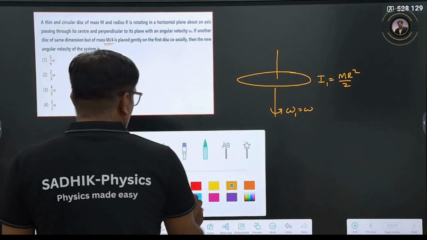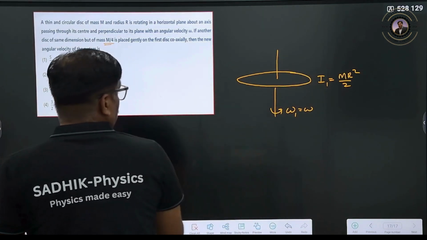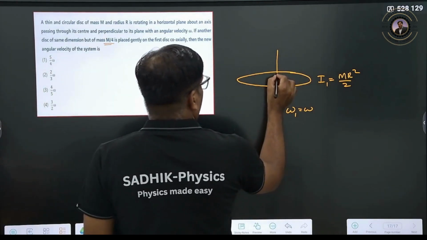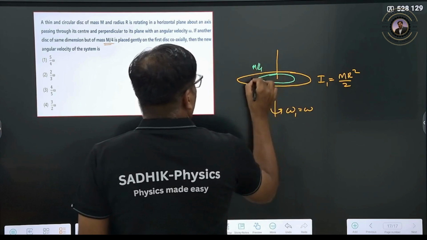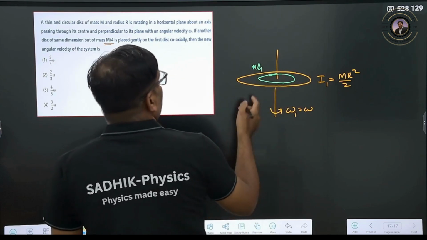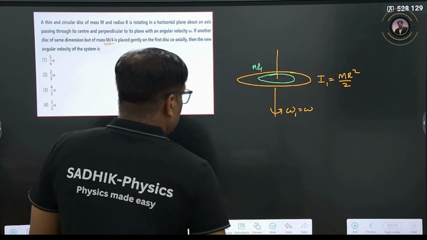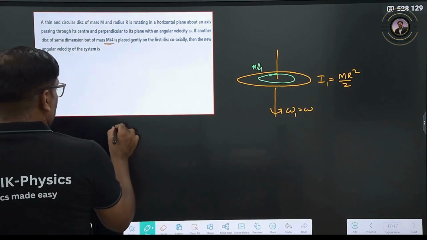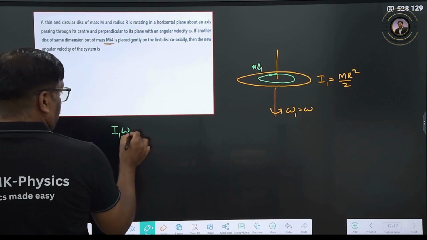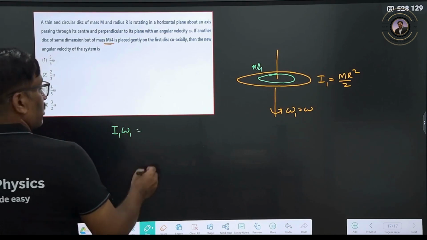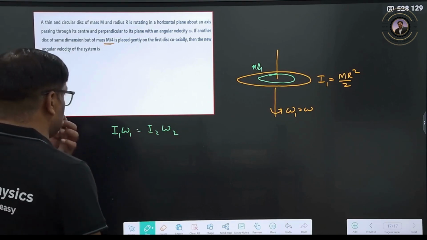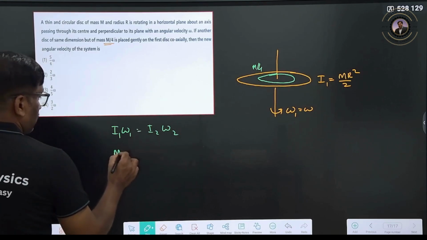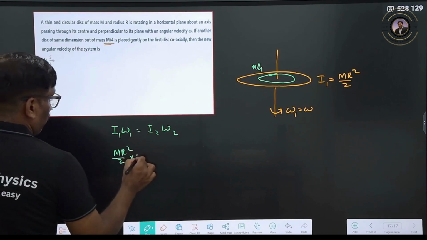Now what we are going to do is add one more small disc of mass m by 4. What will be the new angular velocity now? Initially we have moment of inertia and angular velocity, and finally it should be the same. So the initial one is mr square by 2 into omega.